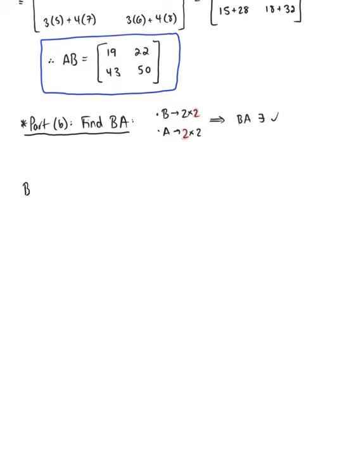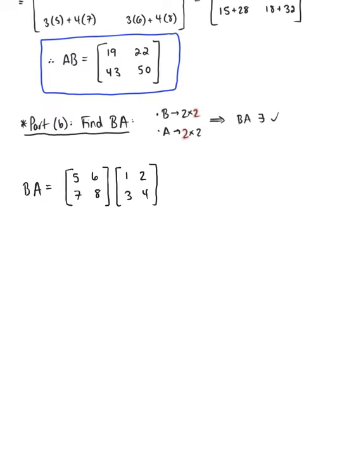So now we are performing the computation in the opposing direction. We have matrix B times matrix A. Matrix B is defined as 5, 6, 7, 8, and matrix A is defined as 1, 2, 3, 4. Now again, we're using the row column rule here.